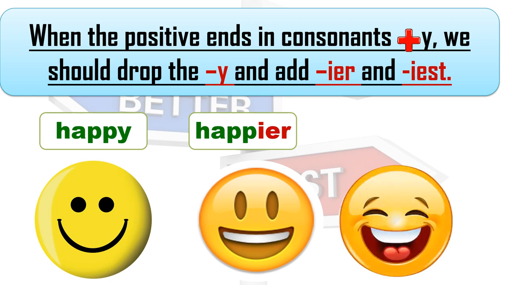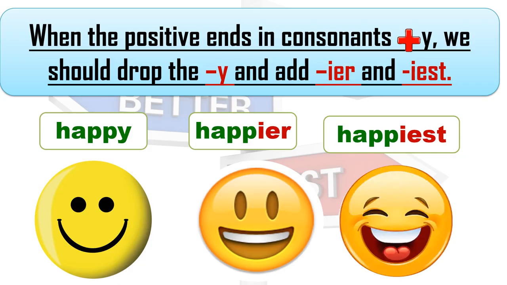So that is happiest. Positive, comparative and superlative. Here we have dropped Y and added IEST. So when the positive ends in consonant plus Y, we drop that Y and add IER in comparative degree and IEST in superlative degree. Got it clear?